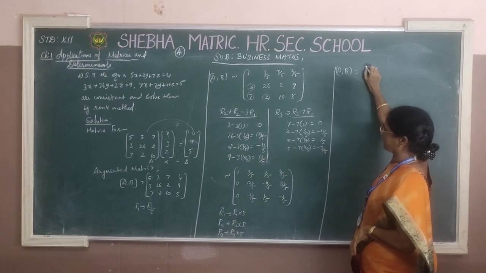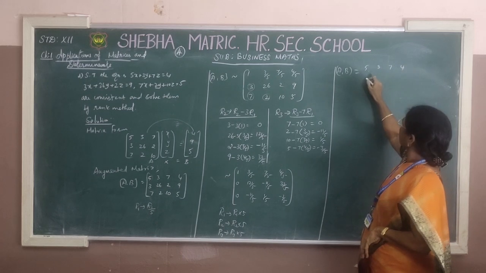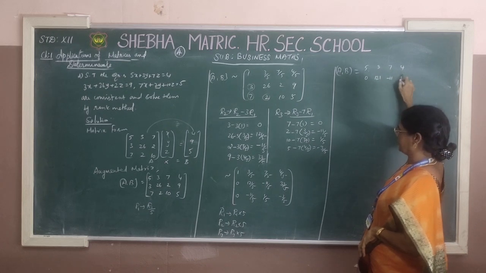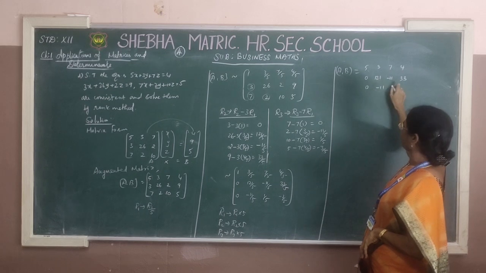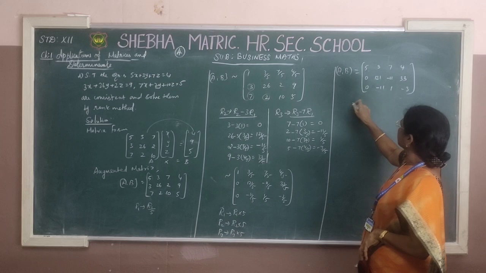First 1 into 5 is 5, next 3, 7, 4, next row 0, 121, minus 11, 33, and the last one 0, minus 11, 1 and minus 3.